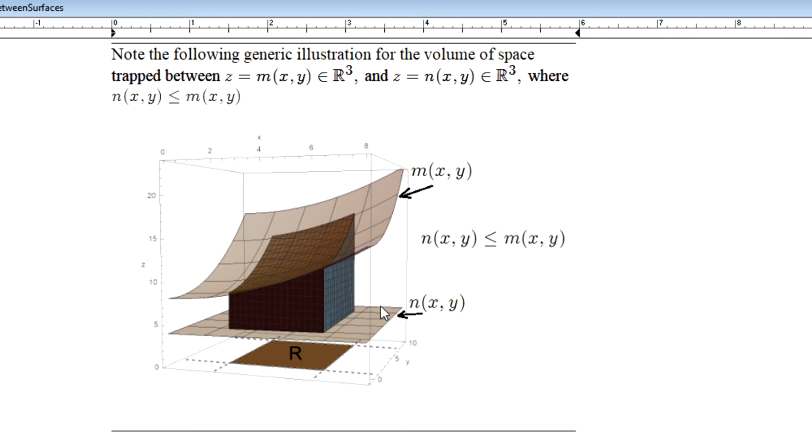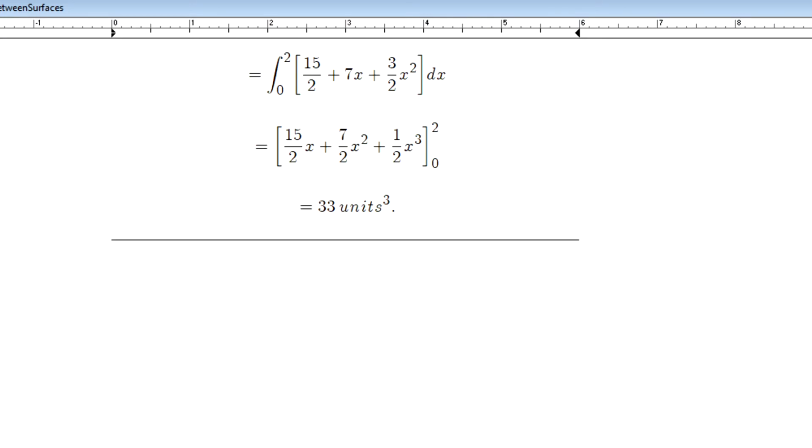So if you calculate this and get a negative value, you might consider that you have your two surfaces mixed up in order.